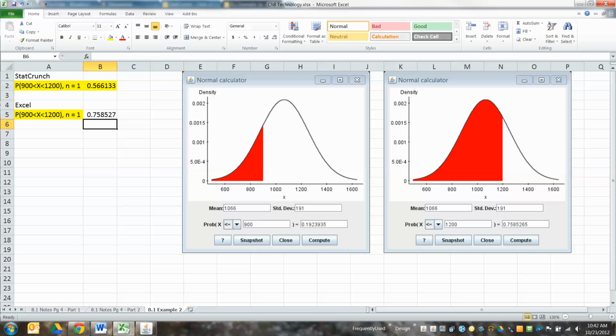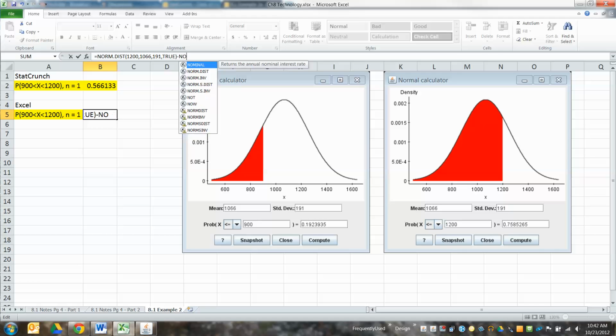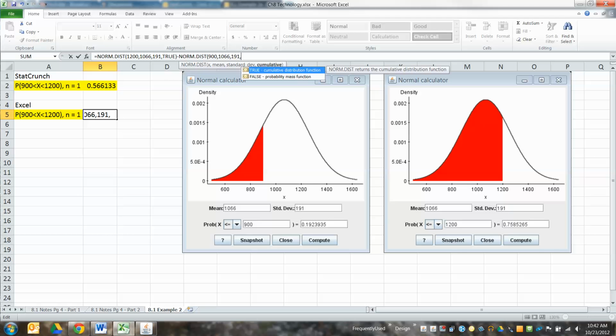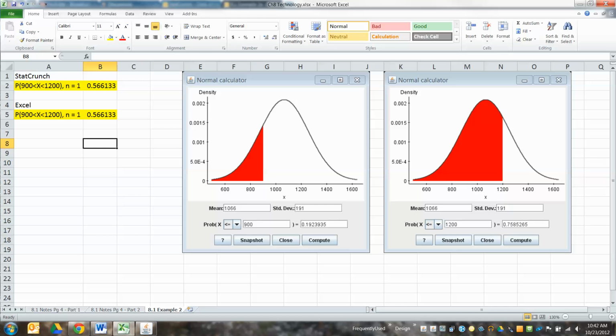True. Oops, and I don't want to press enter. Well, yeah. Minus NORM.DIST. Now the same thing, except 900, 1066, 191, true. True just means it adds it up, shades the whole thing, if you will. There you go, same number.